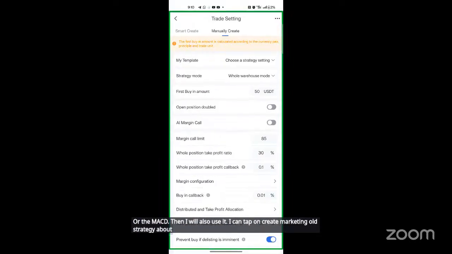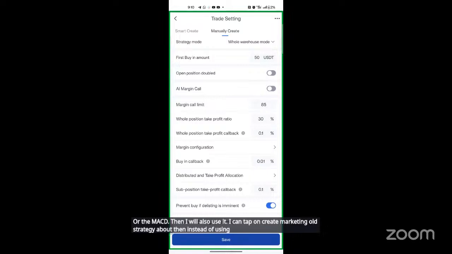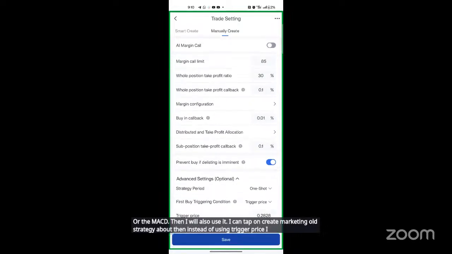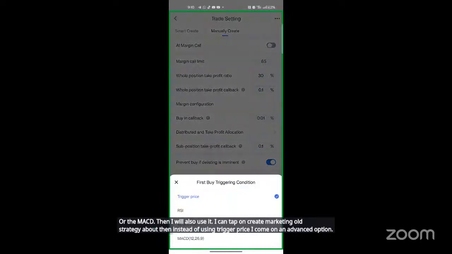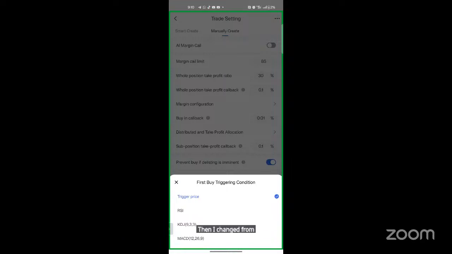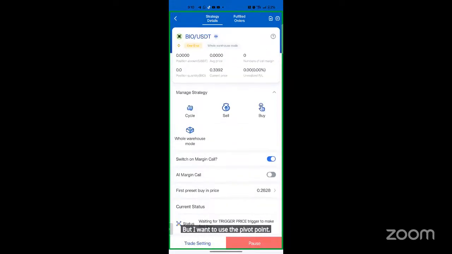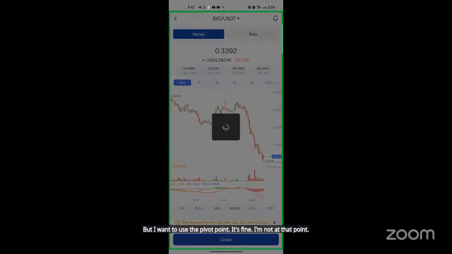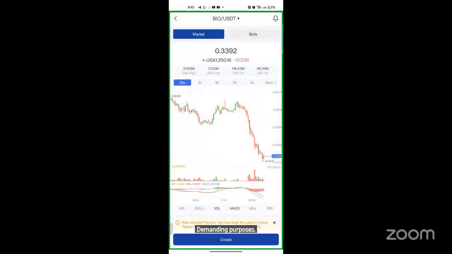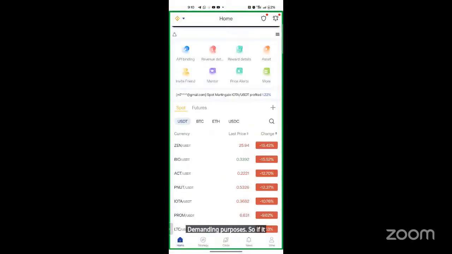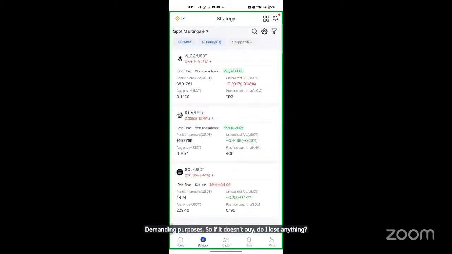Then instead of using trigger price, I come on advanced option. Then I change from trigger price to MACD or to KDJ or to RSI. But let me use the pivot point. Let's find another point for learning purposes. So if it doesn't buy, do I lose anything?